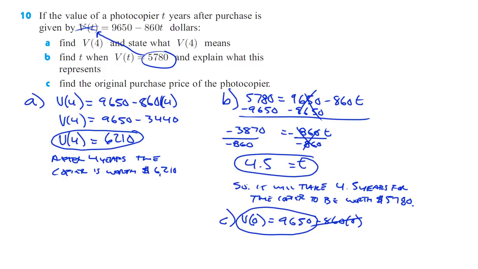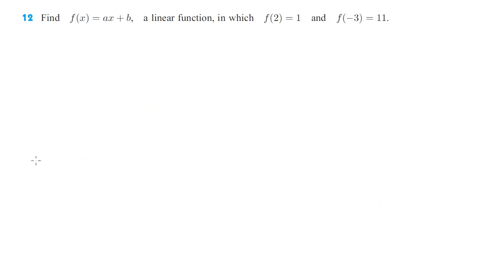Okay. All right, last problem, number 12. Find f of x equals ax plus b, a linear function in which f of 2 equals 1 and f of negative 3 equals 11. Now this problem throws people off a lot. Here's the way I like to think of this. This is like our function machine, right? So this is saying if I plug in 2 into the machine, out comes 1.